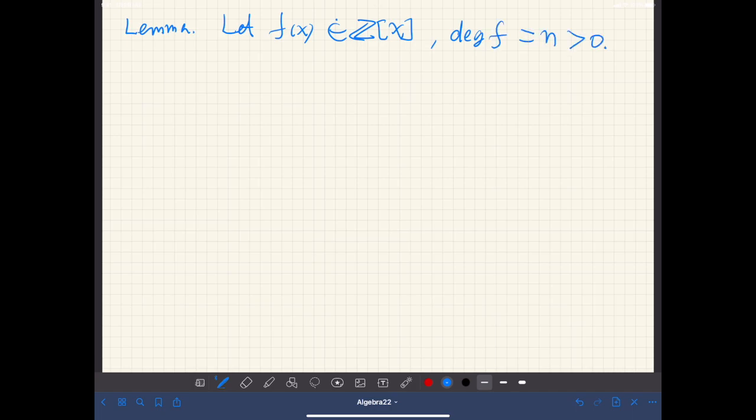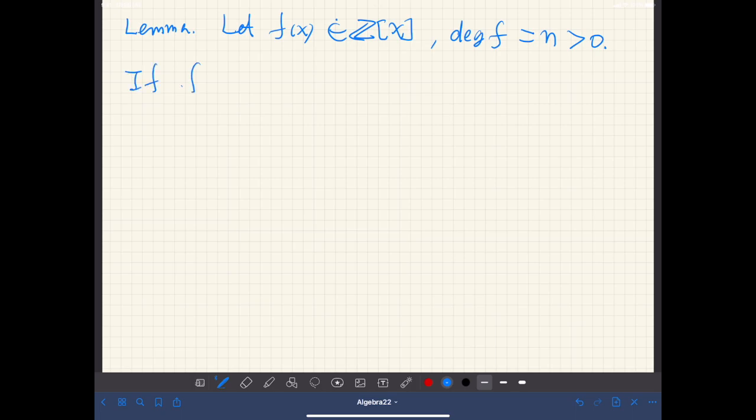Next, we use Gauss's lemma to prove the following lemma. Let f of x be a polynomial with integer coefficients, with its degree n being positive.